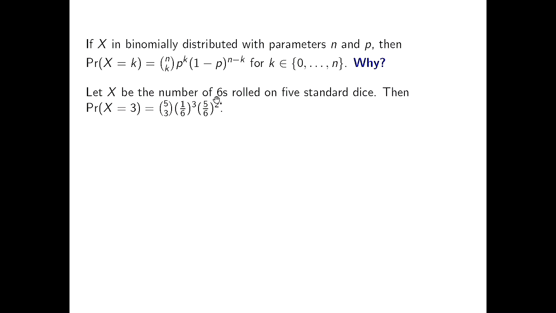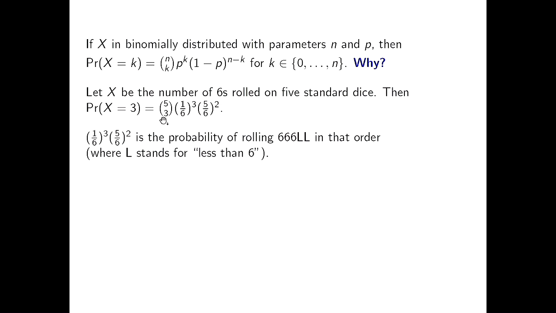So why is that? Well, 1/6 to the 3 times 5/6 squared is the probability of rolling 6, 6, 6, less than 6, less than 6, because 1/6 cubed is the probability of rolling 6, 6, 6 in our first rolls, then 5/6 squared is the probability of rolling less than 6.